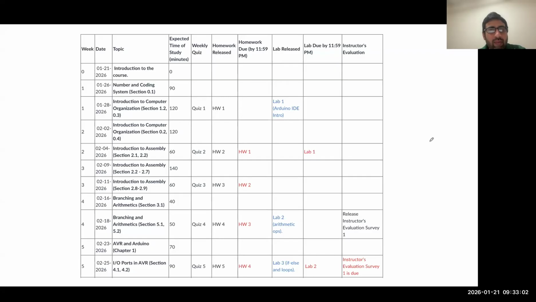Second, I will try to follow this schedule as closely as possible, but sometimes there may be variations. For example, here I'm saying lab 2 is due on 25th of Feb. If I need to deviate from this due date, moving it up or down, I will let you know in advance by making an announcement on the Canvas page.